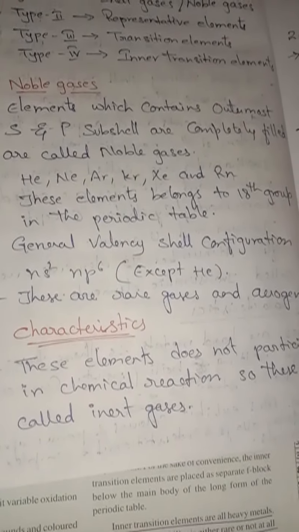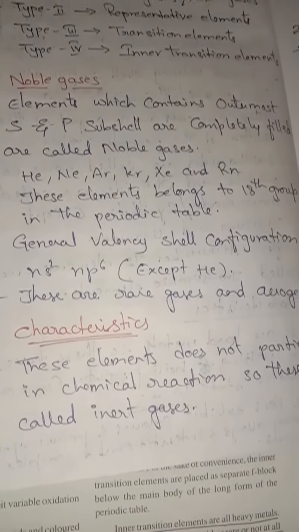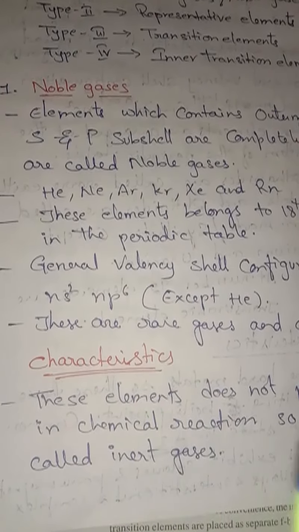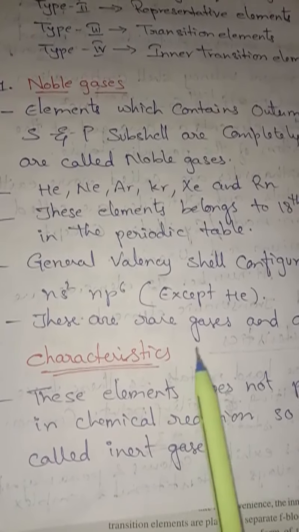These are called rare gases and aerogens. Why are they called rare gases? Because they are not found in the atmosphere in large quantity. Only a very small amount can be seen. That means the natural availability of these elements is very low, and that is why they are called rare gases.